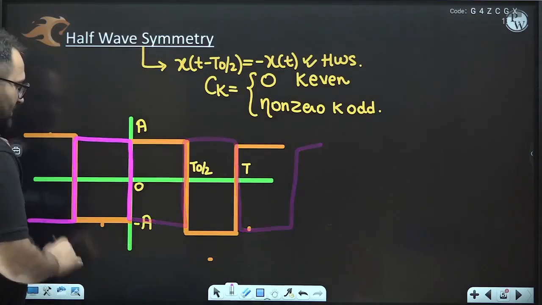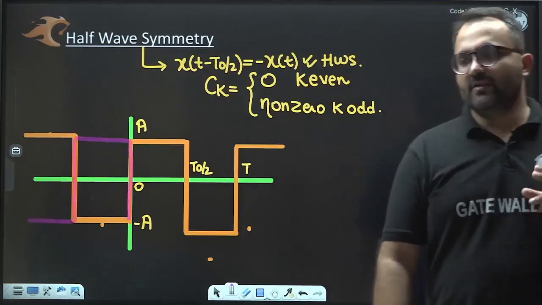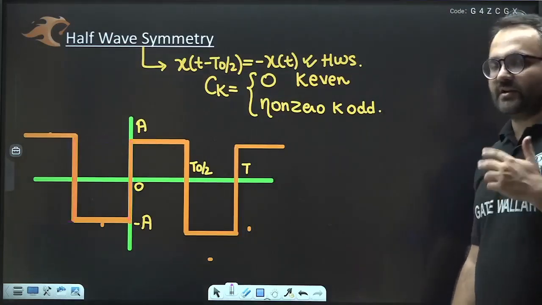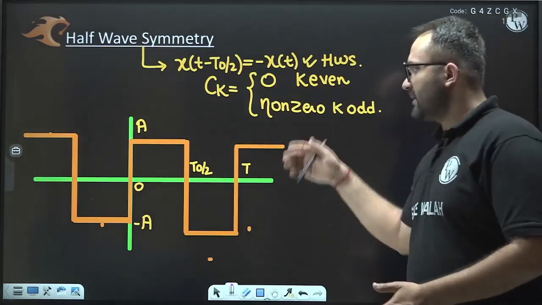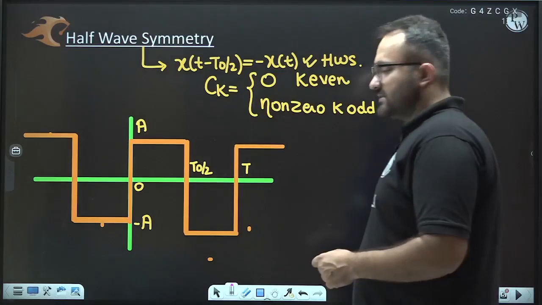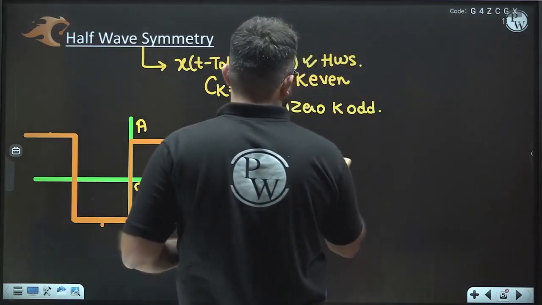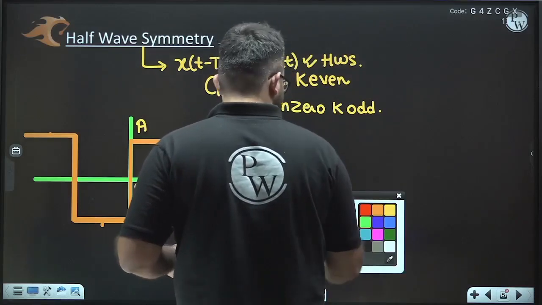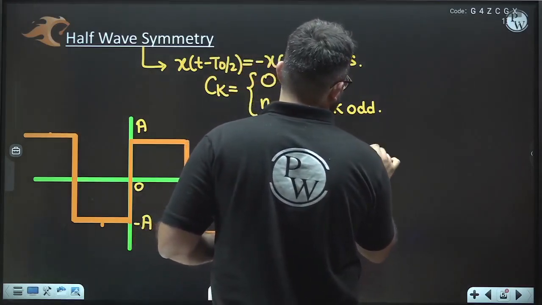So we can see that this pink and orange are opposite to each other. That is, if we shift the signal by half time period left or right, it doesn't matter, we will get a signal which will be opposite to the original signal. So we can say that this signal has half wave symmetry.